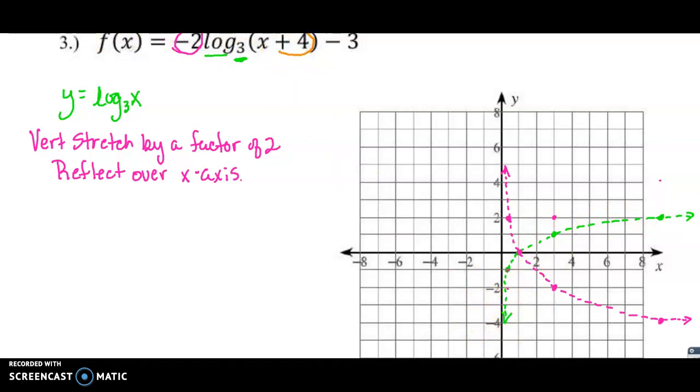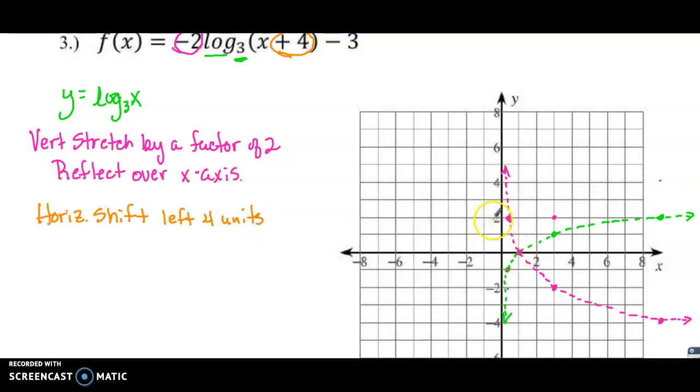So if I do my inside, my x, my 4 tells me we have a horizontal shift opposite the sign, so we're going to be going to the left 4 units.